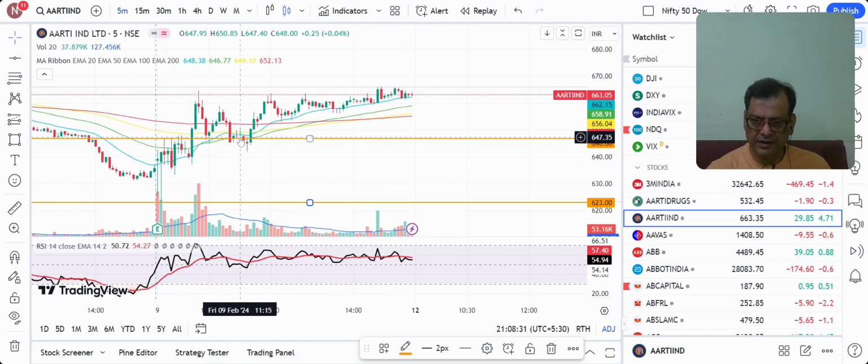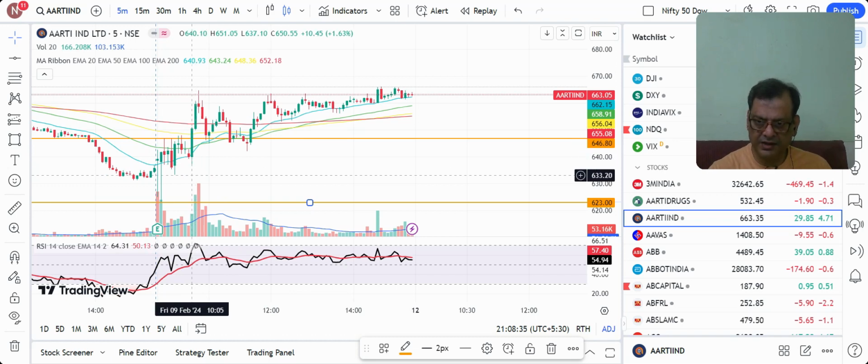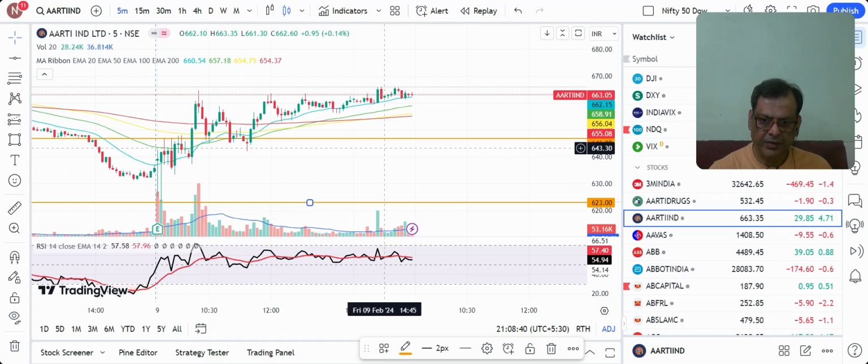So if you see here, you bought it at around 650.60 and you sold it at 662. So you made around 12 rupees here if you sold it here, or if you waited till 3:19 p.m. then you would have made even more. So why do you have to sell it before 3:20?